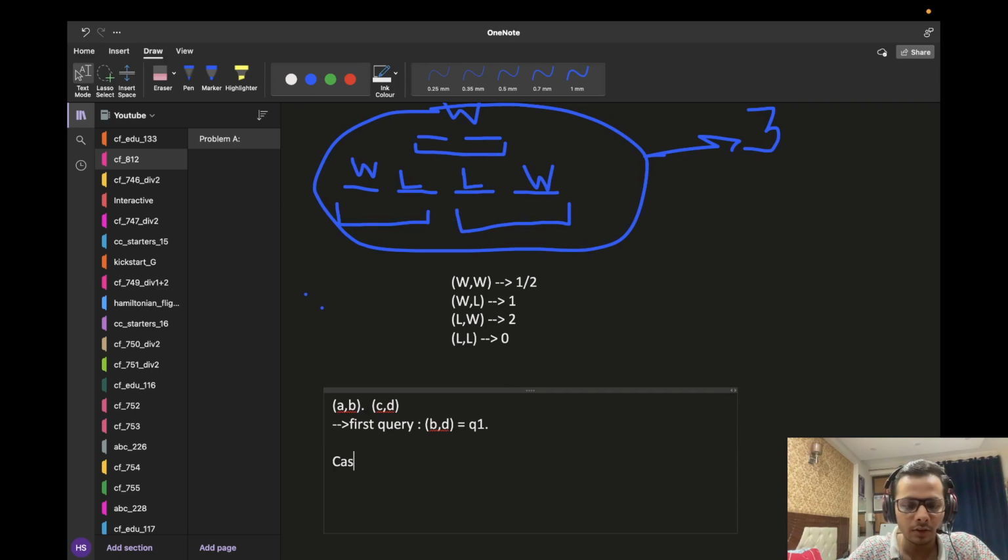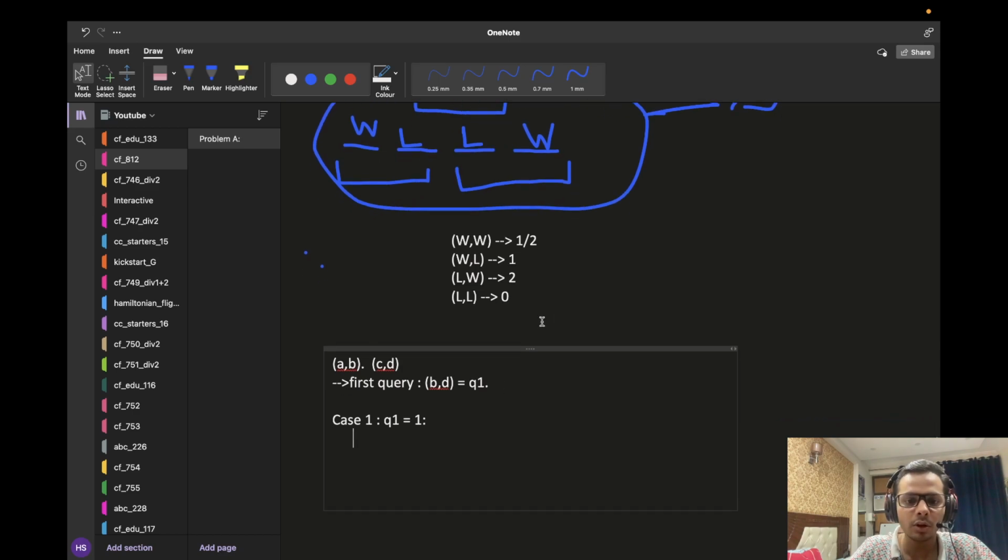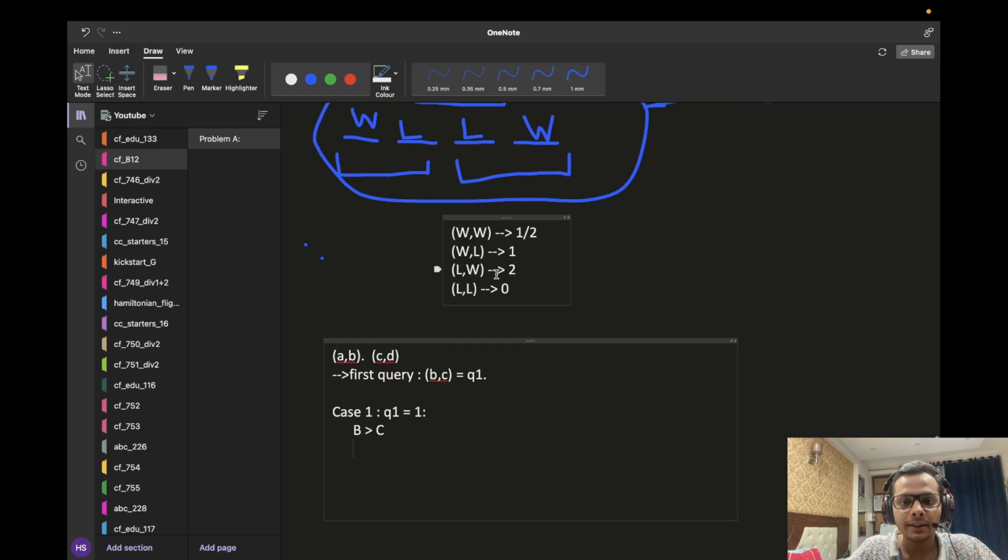Okay. Now we'll make a few cases and figure out who will be the absolute winner. Case 1 is when Q1 is equal to 1. Now if Q1 is equal to 1, we know for sure that B has won more matches than D. Actually, instead of BD, let's just do BC. It doesn't really matter. So we know B has won more matches than C here, right? Another thing to notice is that if you look closely among these 4 results, if we get a result of 1, then it is either the first situation or the second situation, right?